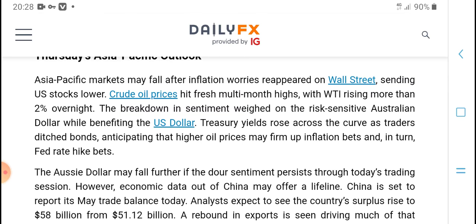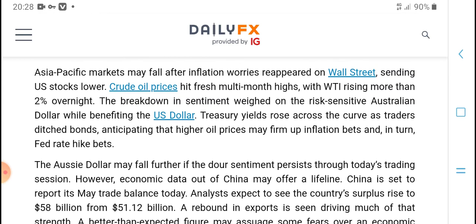Trading session was economic data out in China.